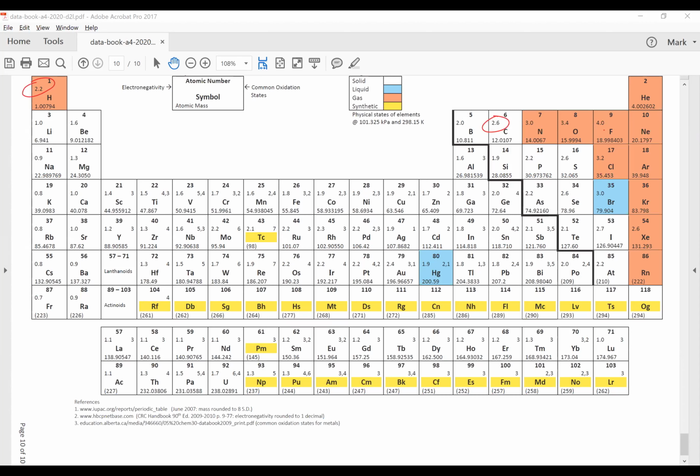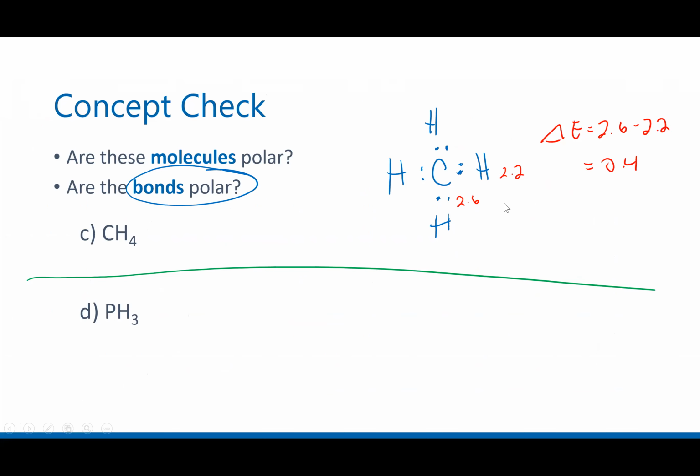Yes? We can't see the screen. Oh, sorry, I'll share it. There we go. So carbon is 2.6, hydrogen is 2.2. So their difference in electronegativity is 0.4. Hold on 1 minute, I'll write that again.